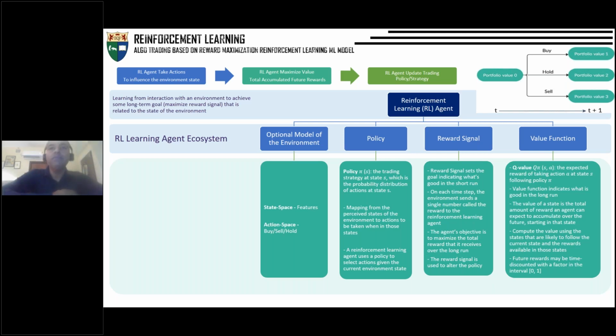This kind of algorithm is based on a reward and penalty system, where you give a reward to the algorithm when it does something right, and you penalize the algorithm when it does something wrong. Overall, the objective of that algorithm is to maximize reward and minimize penalty.